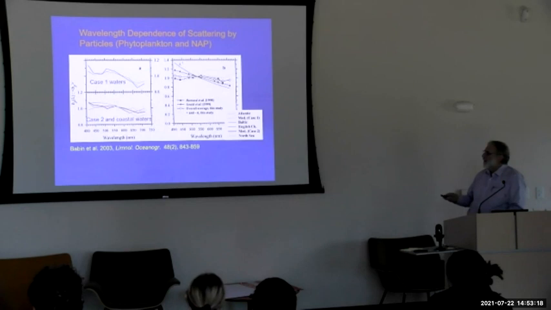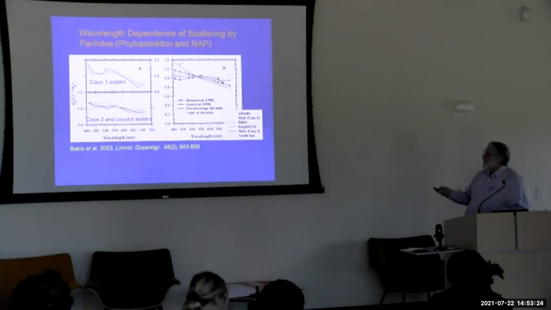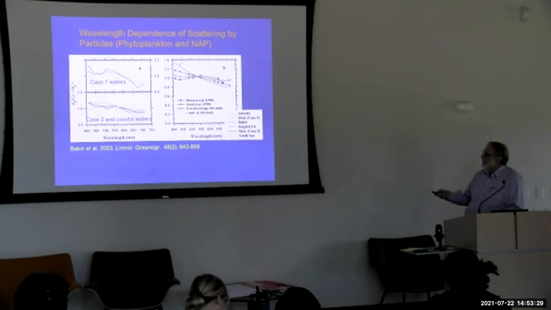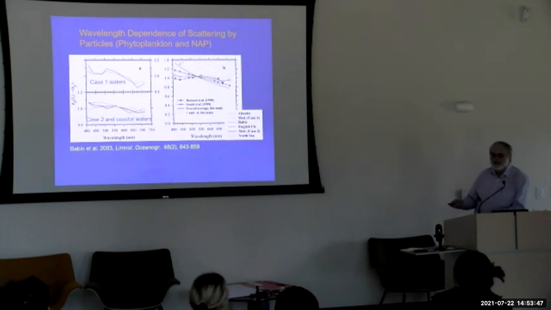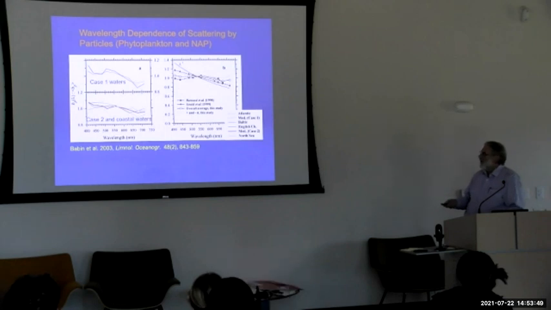Well, what do the real data look like? Here are scattering coefficients in case 1 waters, that is, dominated by chlorophyll-bearing phytoplankton. Here's case 2, so there are mineral particles and whatever else in there as well as phytoplankton, and it's normalized by the average value. You see there's a dip here, maybe another dip here, and it's kind of independent of wavelength, but clearly there's some wavelength dependence.